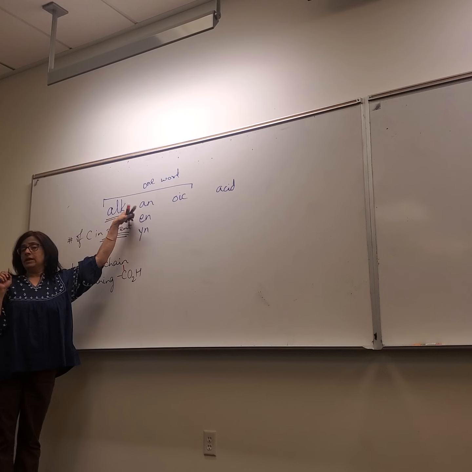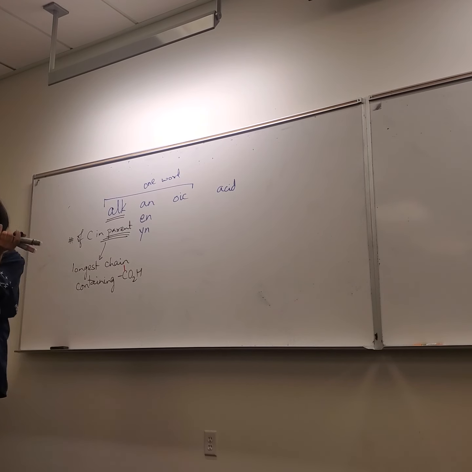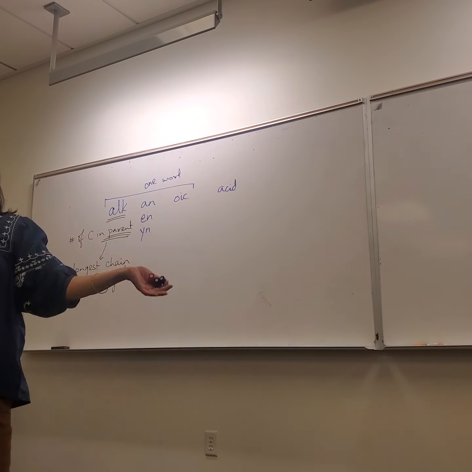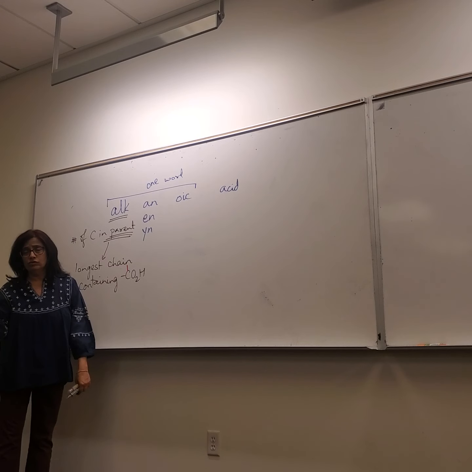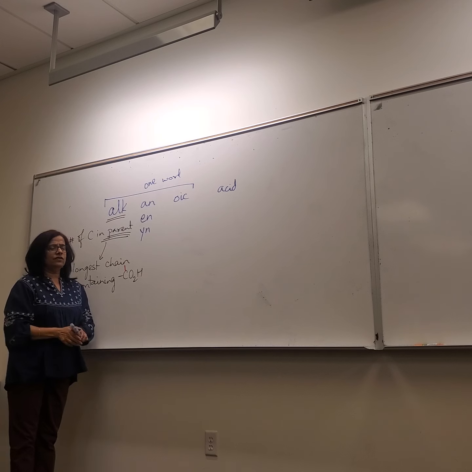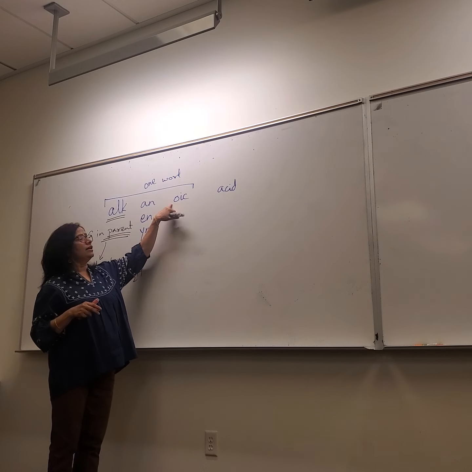Everybody okay? What's the maximum number of oic acid groups, carboxylic acid groups, possible on one parent? Two, because they have to be on the end. So if there were two carboxylic acids, what will you do here?